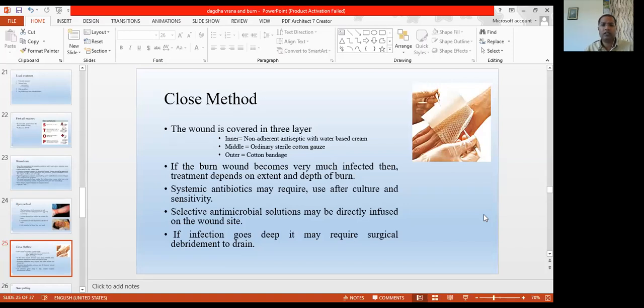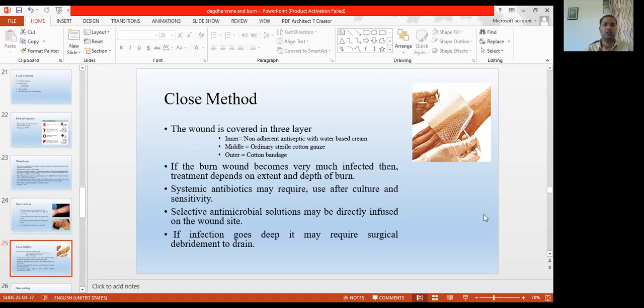The inner layer should be covered with a non-adherent, antiseptic, water-based cream. Whatever material we use is synthetic and non-adherent, soaked in antimicrobial solutions, and whatever cream is used is water based, so it does not dry up and does not hurt when we remove it. The middle layer is ordinary sterilized cotton gauze, and the third layer is the cotton bandage.